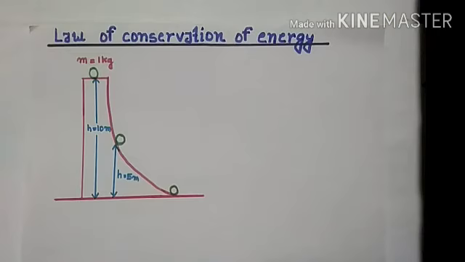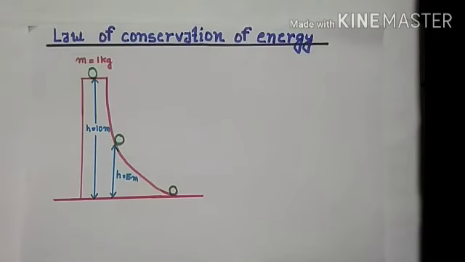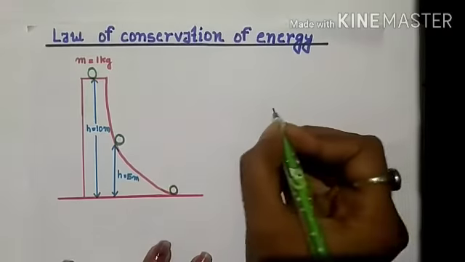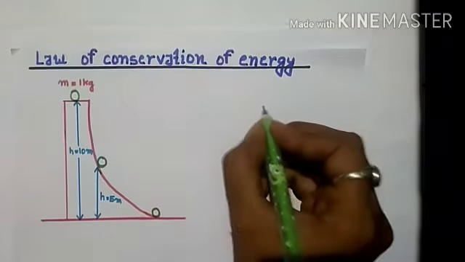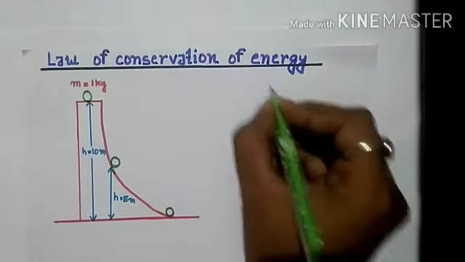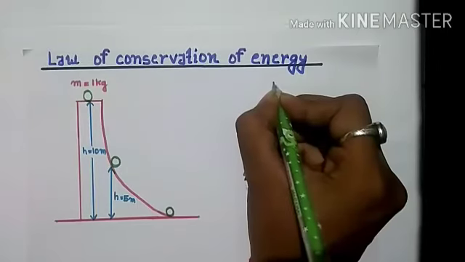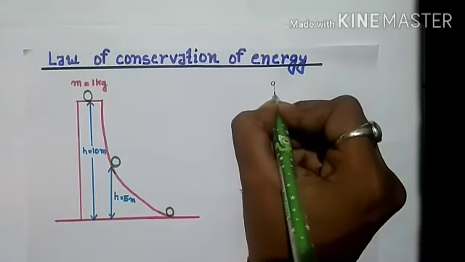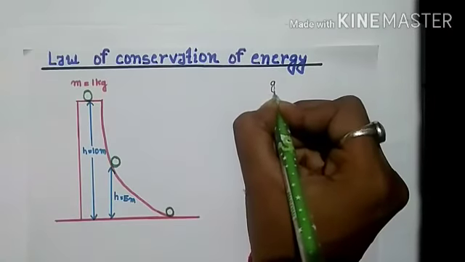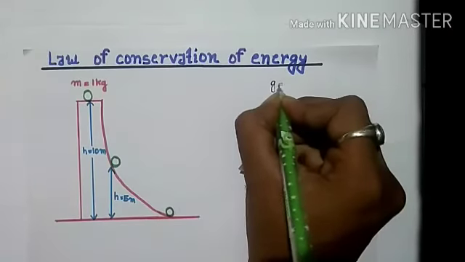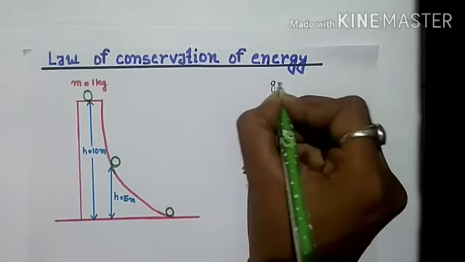Let us suppose there is a ground and a ball is kept at a certain height, 10 meter, from the ground. Let us suppose acceleration due to gravity is 10 meter per second square.